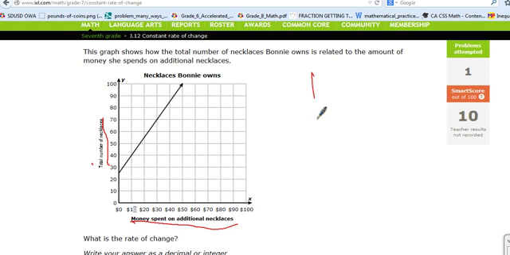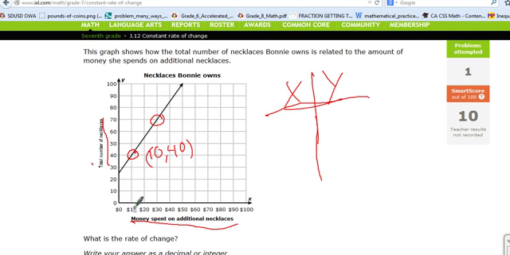Again, I'm going to set up our table, x by y. Again, I need 2 grid points. I have a grid point right here, and I have another grid point right here. Remember, always look for those grid points. So this point would be at $10 by 40 necklaces.